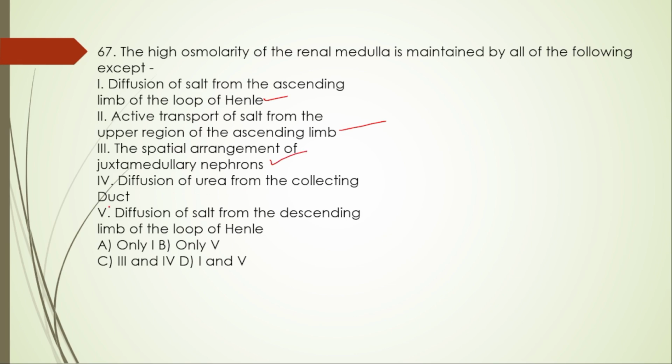Diffusion of urea from the collecting duct. Yes. Fifth one, diffusion of salt from descending limb of the loop of Henle. This one is wrong because the descending limb of the loop of Henle is permeable to water but impermeable to salt. Therefore, salt doesn't diffuse out of this segment. Here they have given diffusion of the salt, but it won't diffuse out.